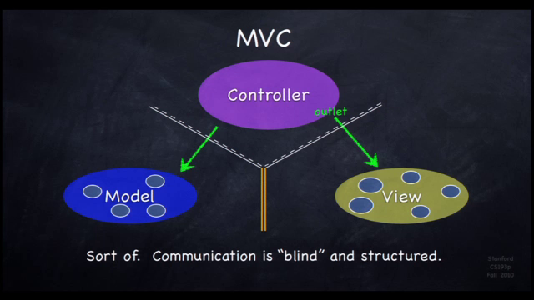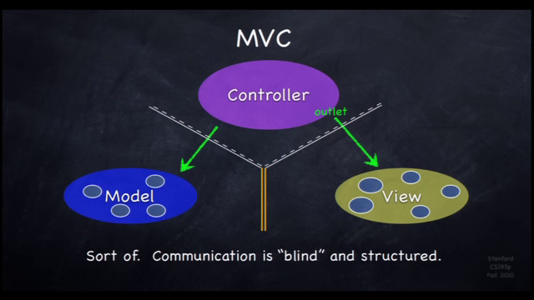They can't. They're built generically. So we have to provide mechanisms for those objects in the view to communicate with the controller in a blind way, where they don't know what the class of that controller is, but under certain defined circumstances, they're going to communicate with it.